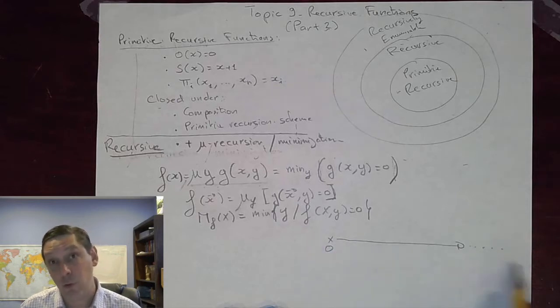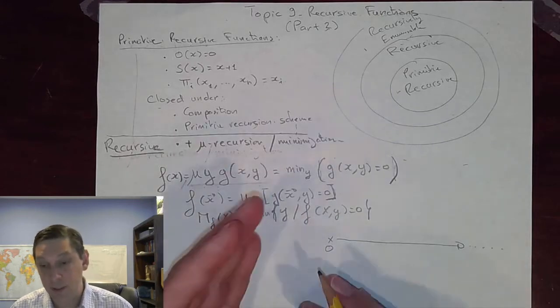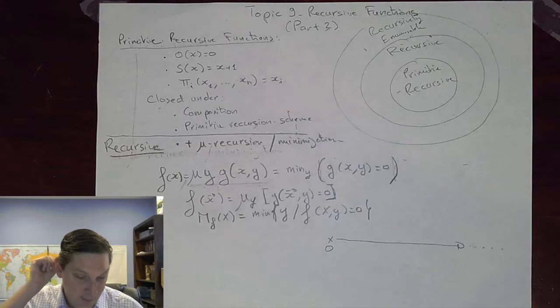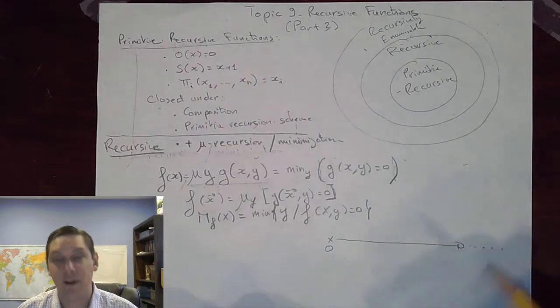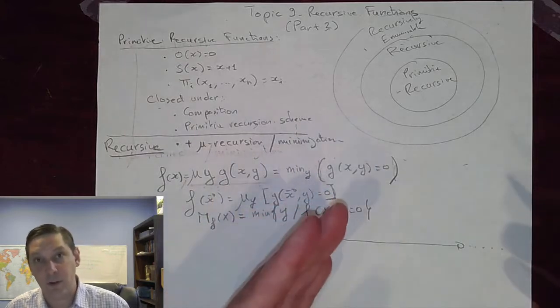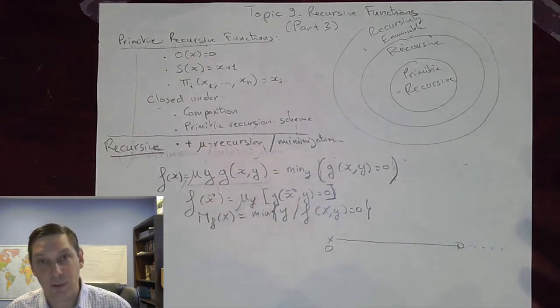If this is true, then that's fine. But some patterns are not always true, and we can find functions that are not recursive functions, but we still want to be able to relate them to recursive functions.